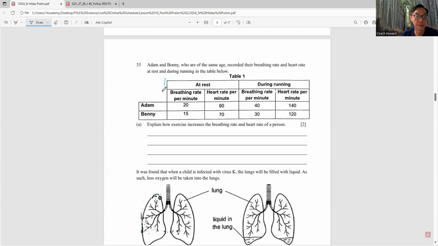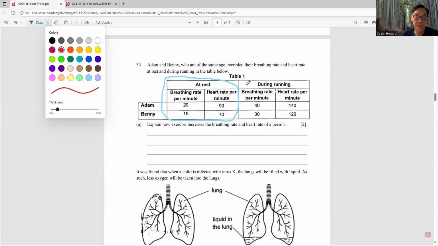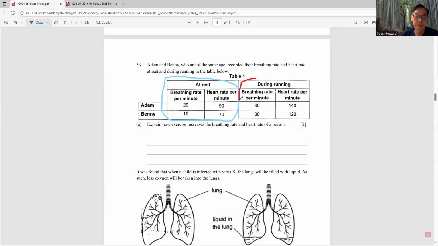You can use your highlighter to circle this part is at rest. So at rest, breathing rate and heart rate is definitely lower than during vigorous exercise during running. So you see the values has increased from at rest to running.